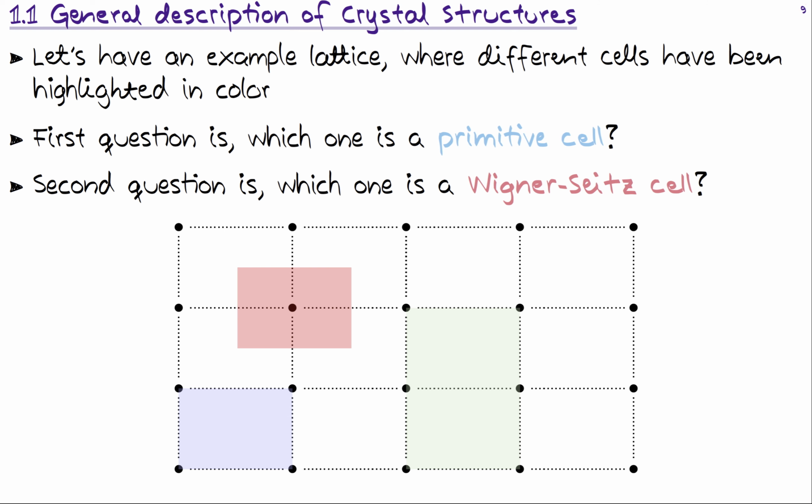And we can now also understand what it means when I say that there are many ways of choosing the primitive cell. That there are also infinitely many primitive cells when we try going between these two different cases. So we could imagine that we would shift this primitive cell slightly towards the center point and over. When we shift it slightly, we would still have another primitive cell, but it would not yet be a Wigner-Seitz cell.